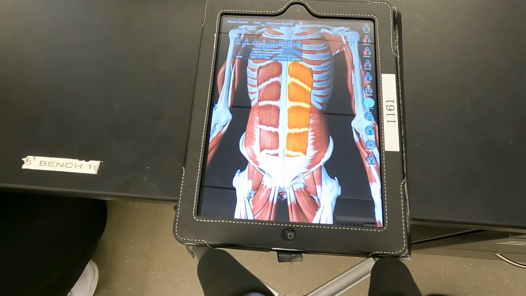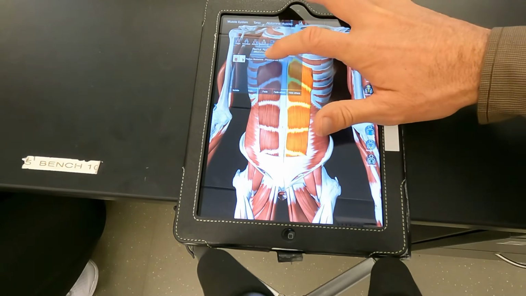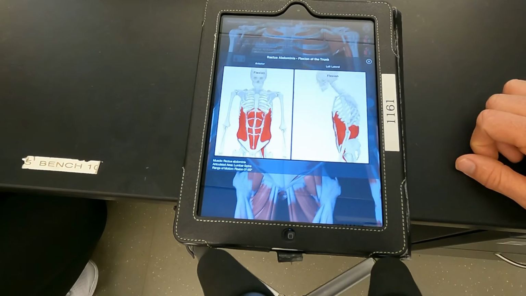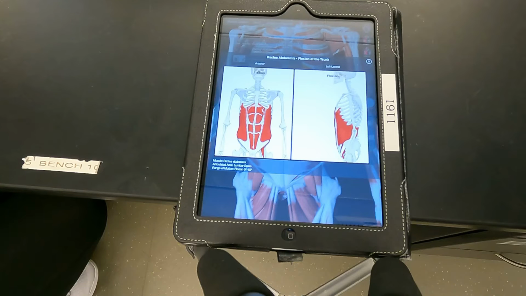It's only in the anterior, and the muscle fibers are running vertically, up and down. So when the rectus abdominis contracts, what motion is that going to result in? What we call vertebral flexion. It's going to bend you forward. So the rectus abdominis is vertebral flexion.